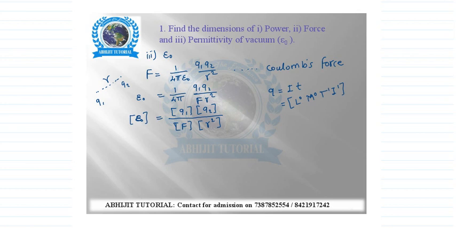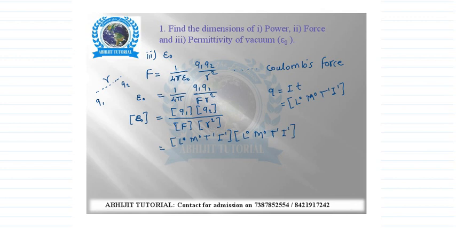So we can write it as L0, M0, T1, I1. Since it occurs two times, either we can square it or multiply it by the same factor. Since I have written q1 q2 separately, I can write it separately: L0 again, M0, T1 and I1.